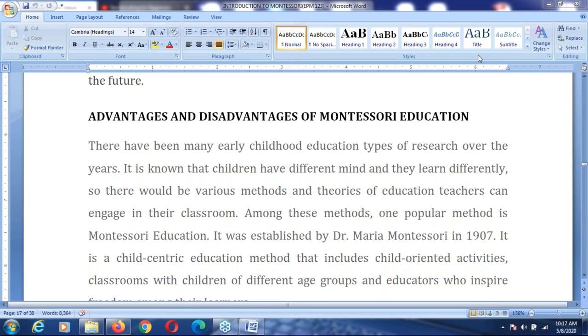And the third one, there is not enough opportunity for interaction. The period of interaction in a Montessori school is not enough compared with traditional school, because their period of interaction is planned and structured. Once they are in that period, no interruption from anybody.